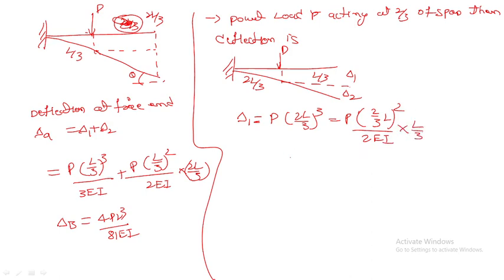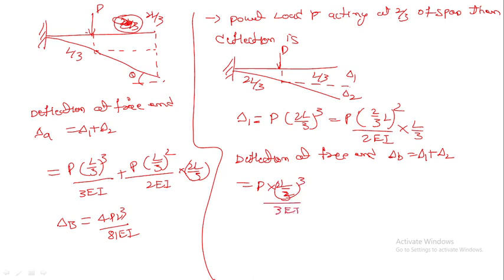So the deflection at the free end, delta B, is equal to delta 1 plus delta 2.